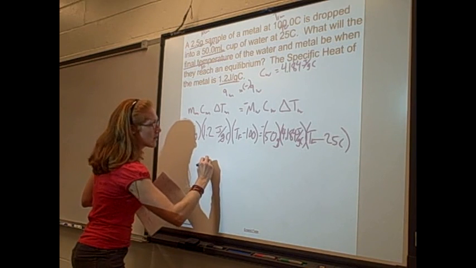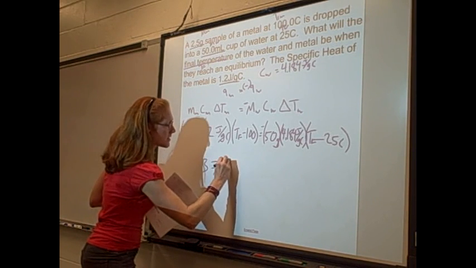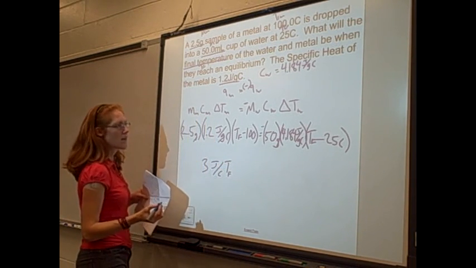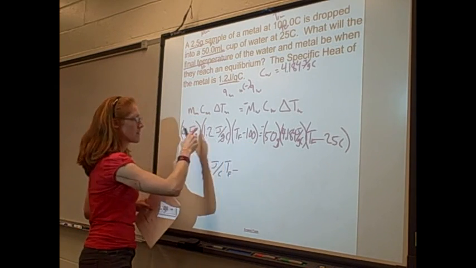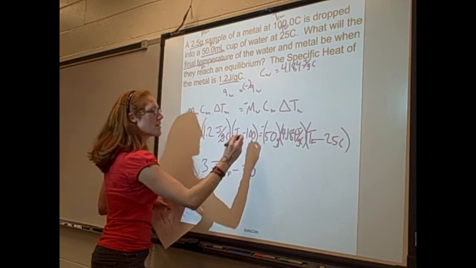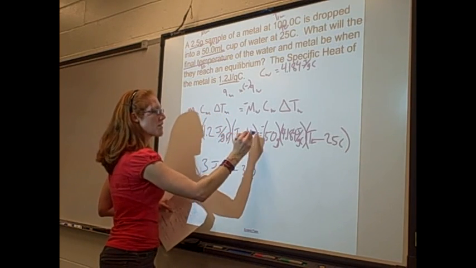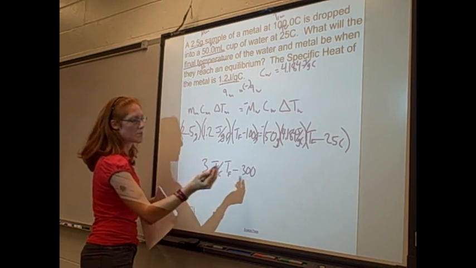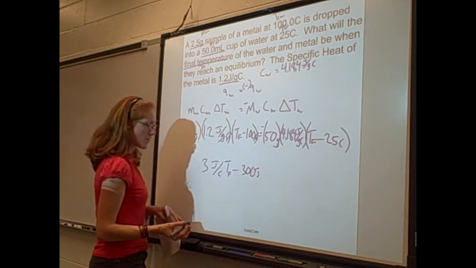So 3 joules per Celsius TF, and that's going to be minus this, which is going to be 300. The Celsius cancels out in this one, and I'm just left with 300 joules.